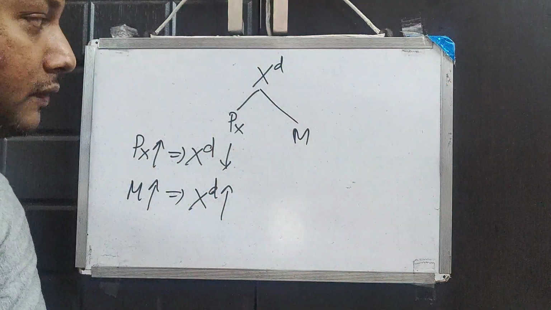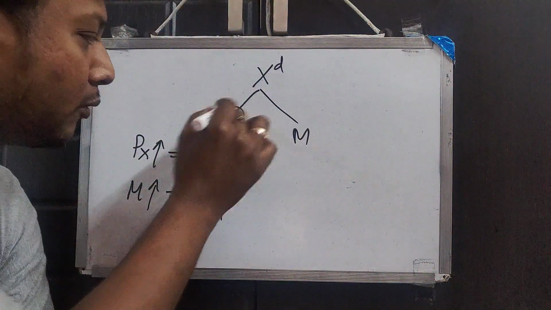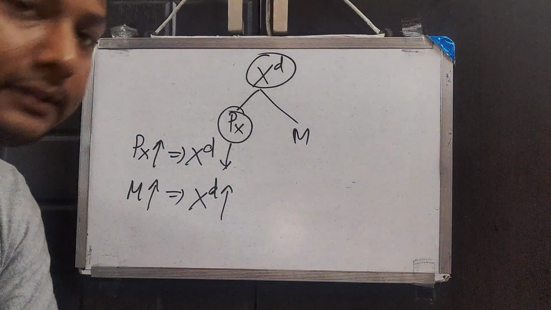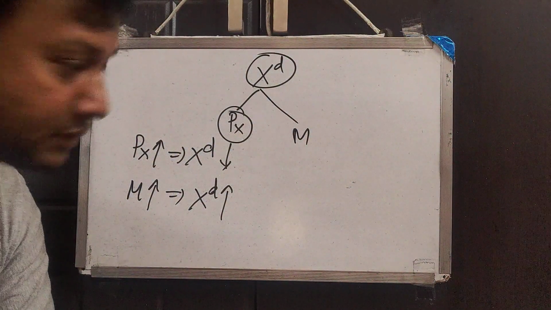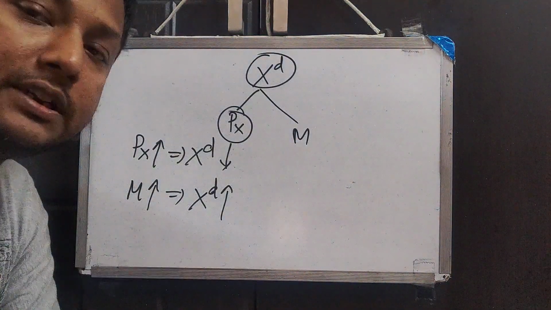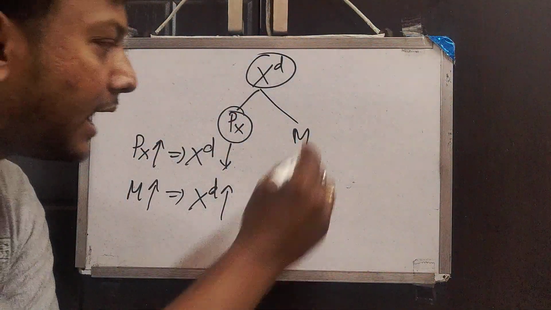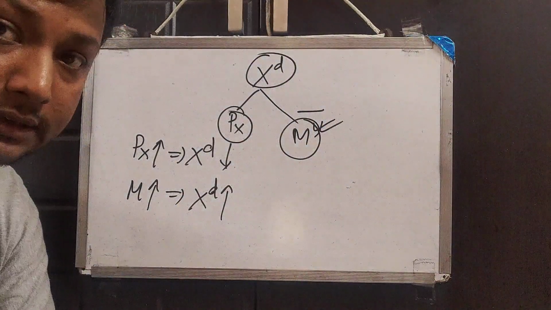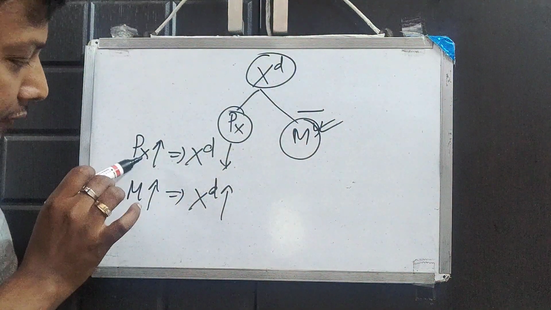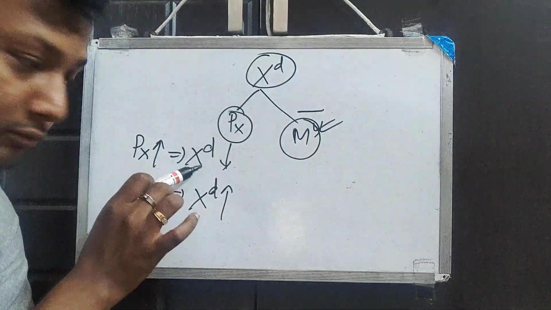So, if we want to establish a relationship between price and demand, it would be difficult for us to establish any relationship between demand and price until and unless this income is held constant. Why? Because when price is going up, demand is going down.